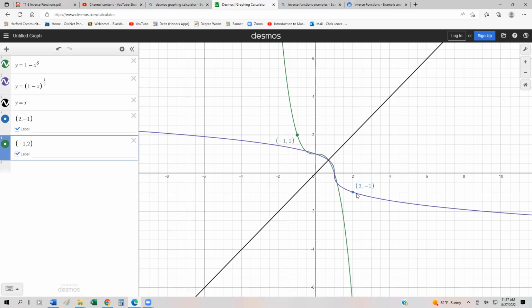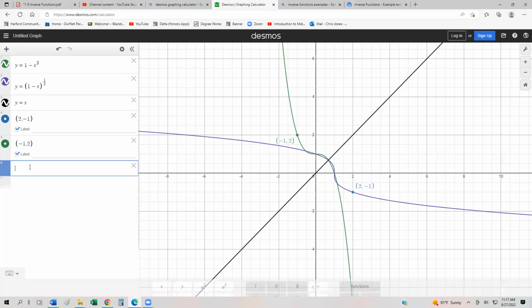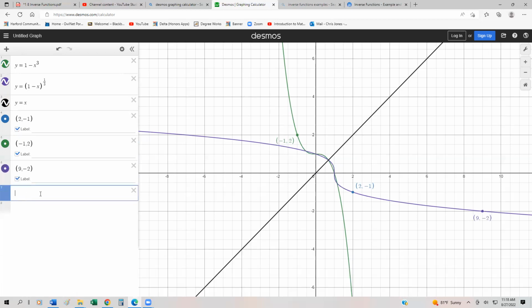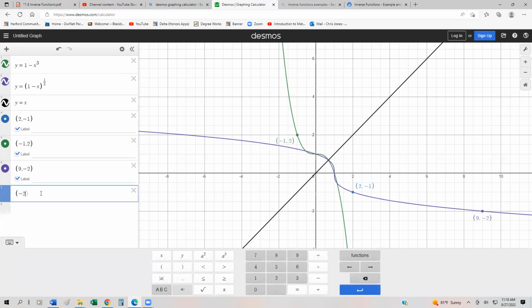Another point that might exist is, let's say I plugged 9 back in, that would give us the point 9 comma -2, I believe. So if I had the point 9 comma -2, that exists all the way over here. So that means the point -2, 9 should exist on the inverse.